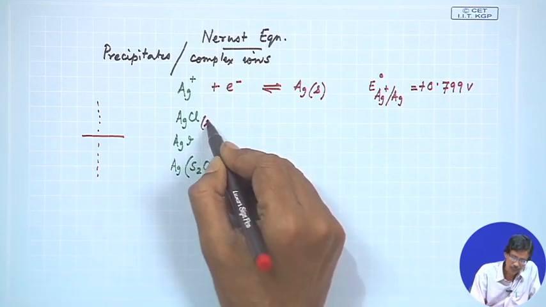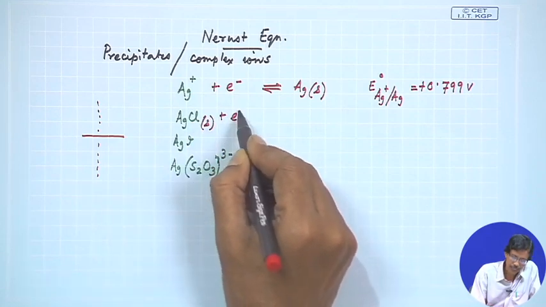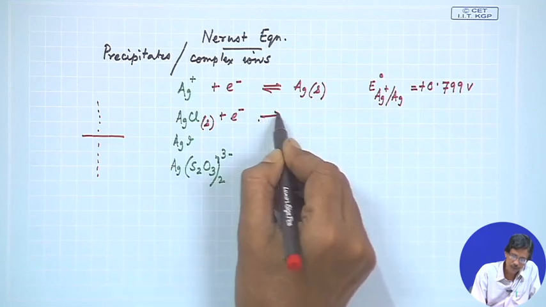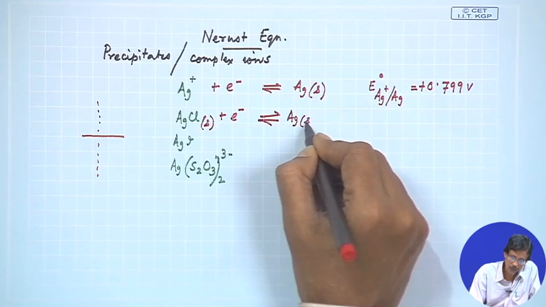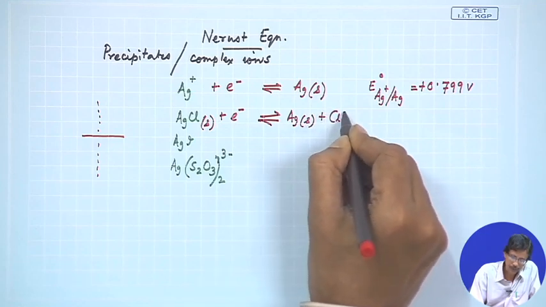Then, as we have just seen, the solid silver chloride accepting an electron gives rise to silver as solid and the chloride ions.